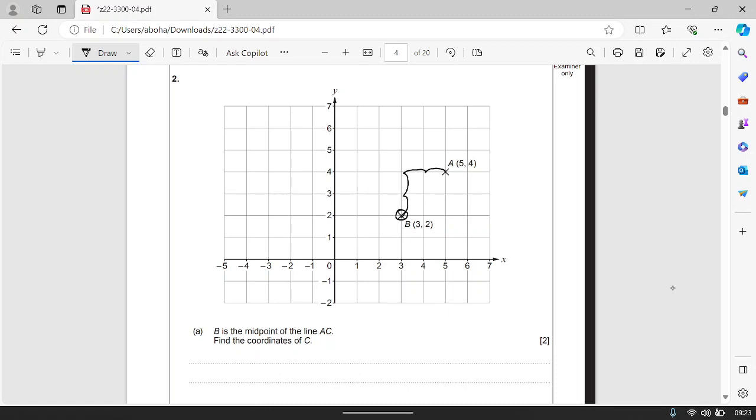So we know that this is the center here. So there must be another point around here to make it a straight line. So 1, 2, 1, 2. So there's your answer there, which is going to be 1, 0.